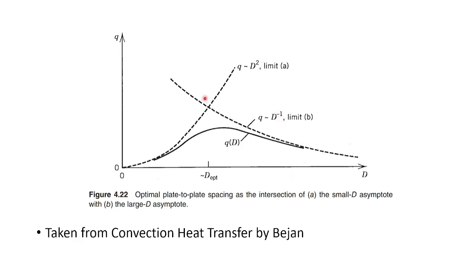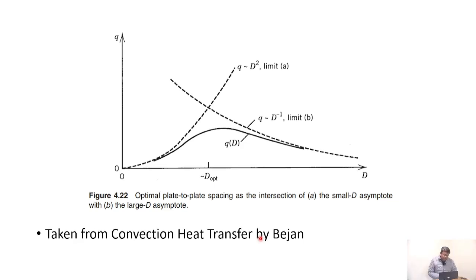For large channel, Q is proportional to 1 over Z. And what he did was he takes graphically the point of intersection. Okay, graphically from the point of intersection, he determines the optimum value of Q. All right. So this is the approach. Now this we have done for natural convection situation.